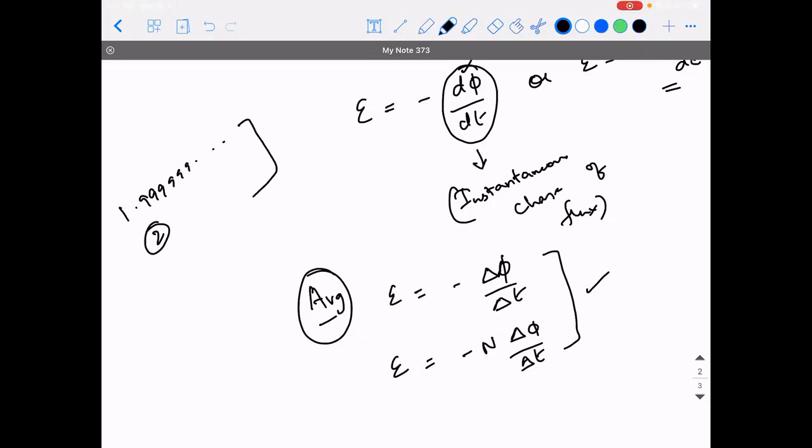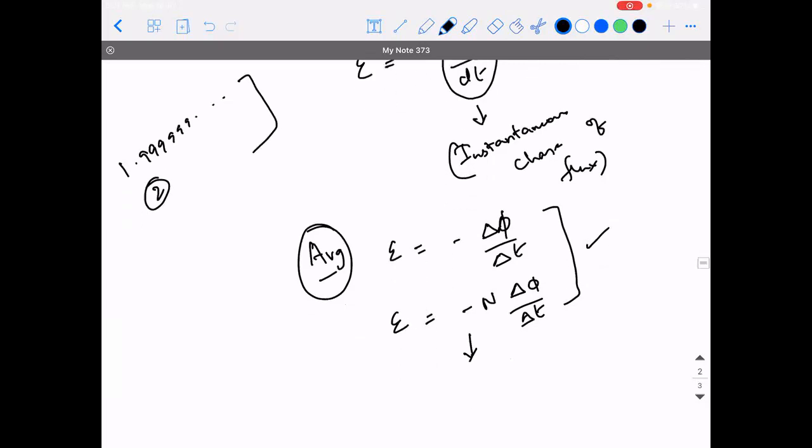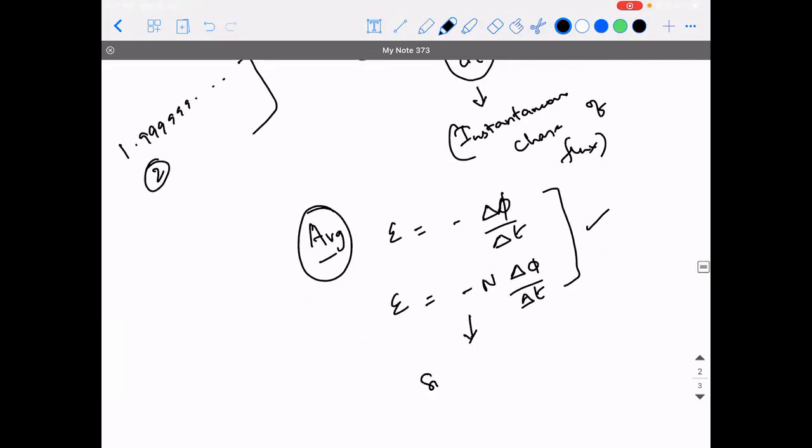Okay. So this is the mathematical expression for Faraday's law of electromagnetic induction, and the negative sign here is the significance of another law called Lenz's law. So Lenz is also the name of a scientist.